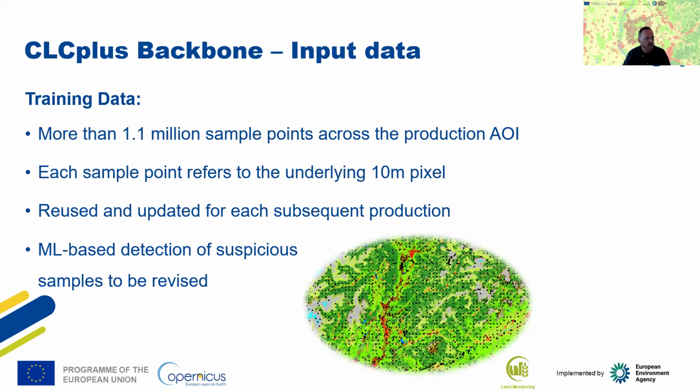The sample database is reused in each subsequent production and updated based on a machine learning based detection of suspicious samples, which are flagged as potentially noisy or in conflict with the assigned class, and those are then revised by expert personnel and updated if needed.